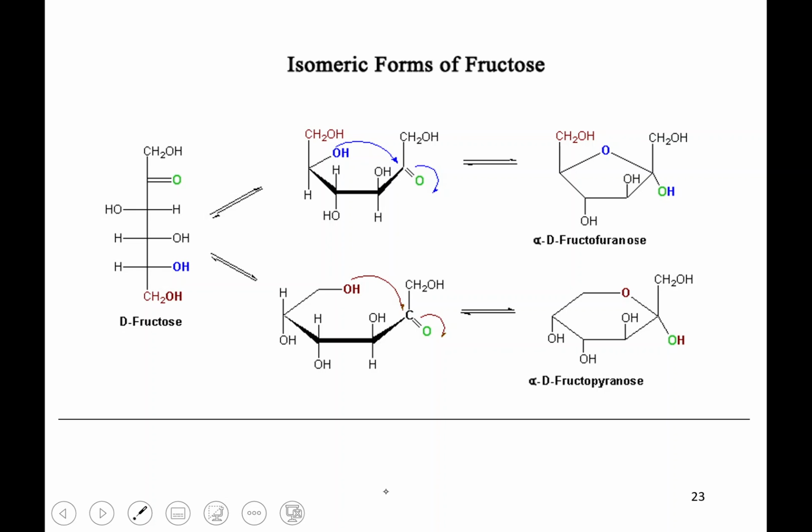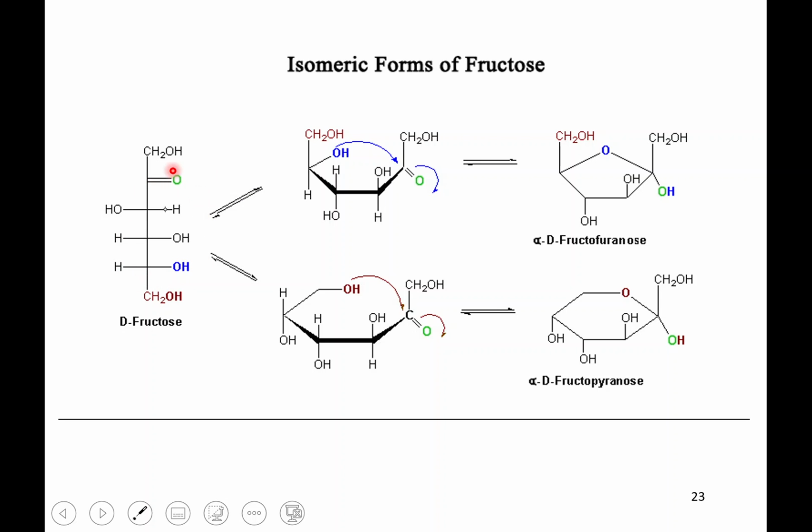You can also do the same thing with fructose. If we look at fructose's structure, shown here, the farthest OH group from the carbonyl group can attack it. What you'll notice is that for fructose, it's a 6-carbon sugar, but that carbonyl carbon is 1 carbon further into the chain.